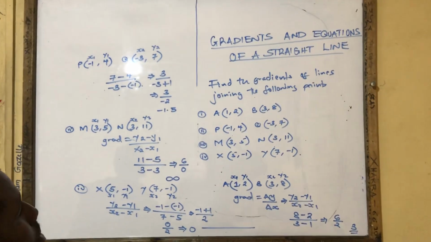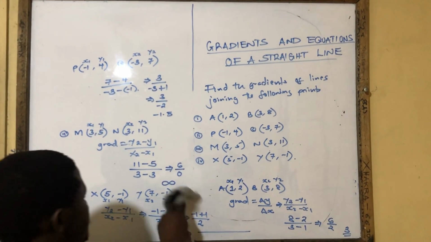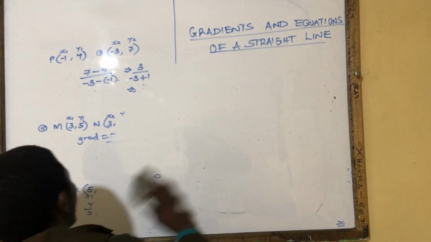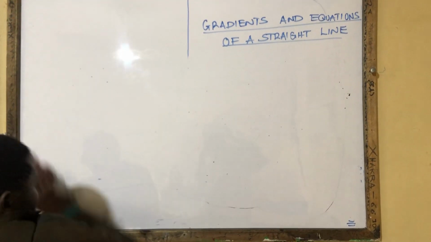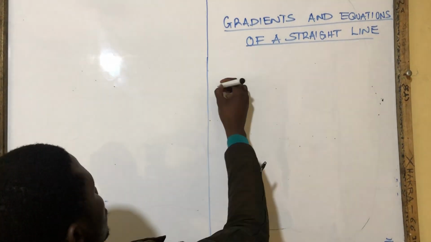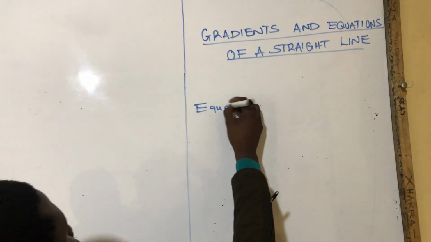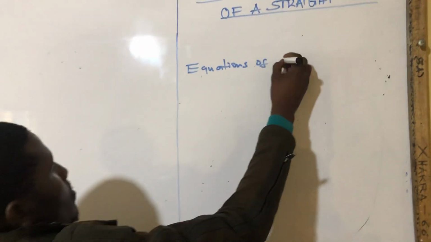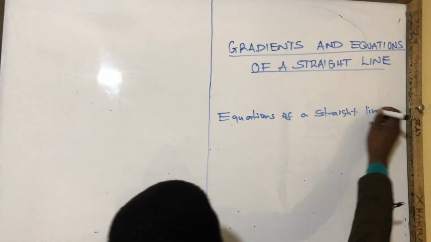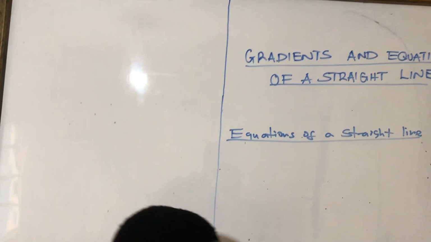We'll then move to the next subtopic under this. I want us now to learn how to find the equations of a straight line. How to obtain the equation of a straight line.